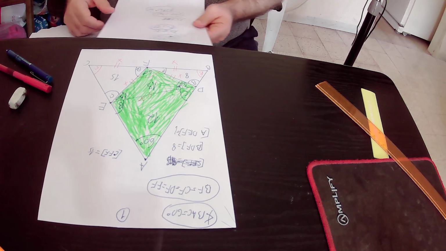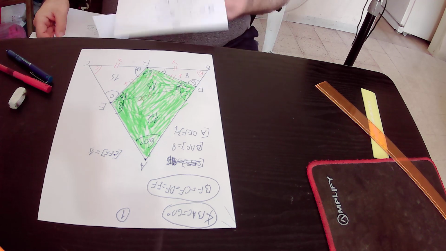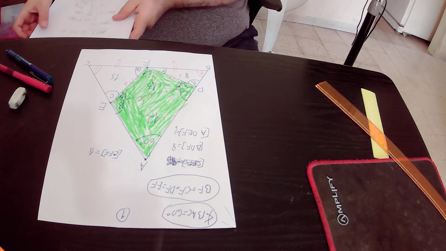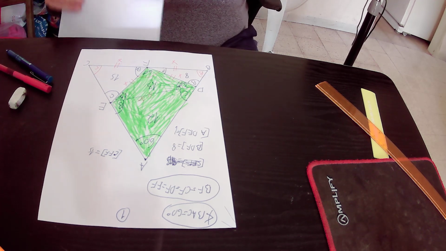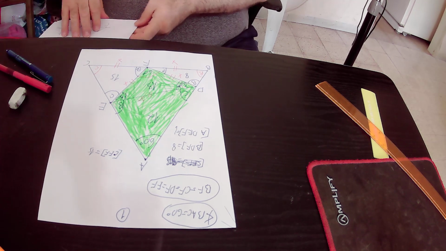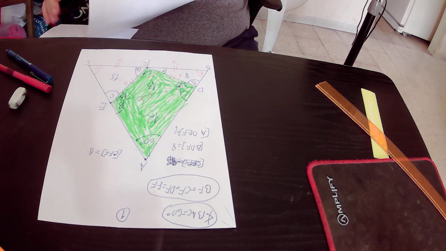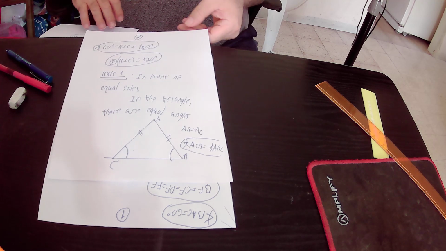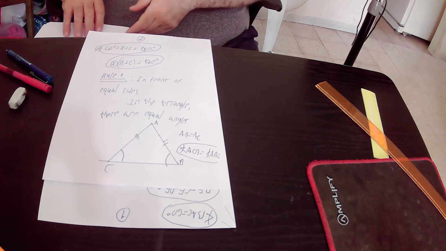And then we have rule number 1, that states that in front of equal sides in the triangles there are equal angles.